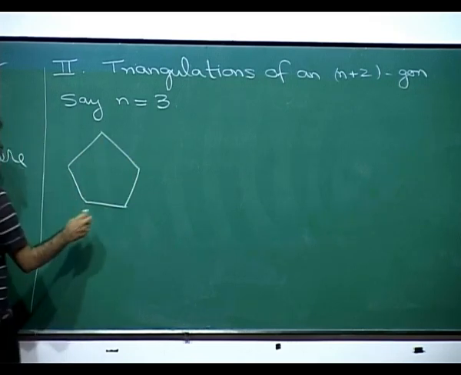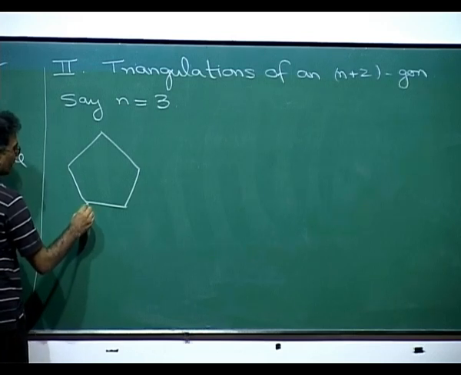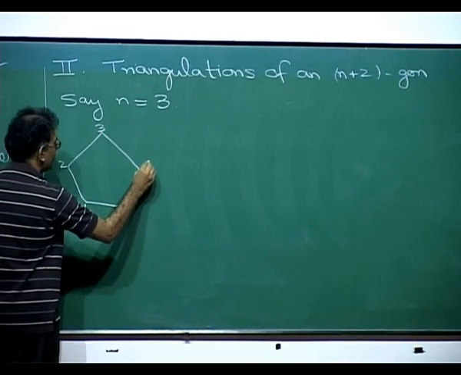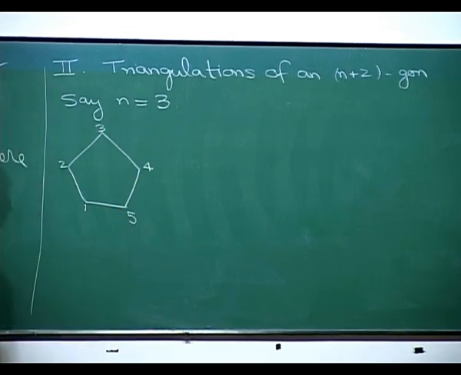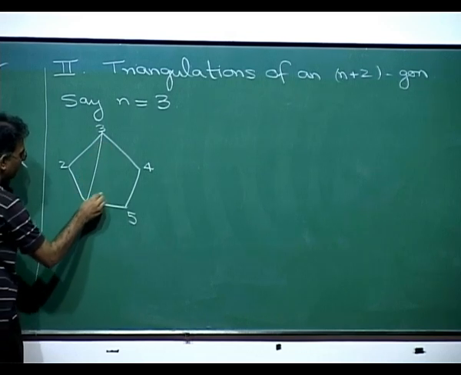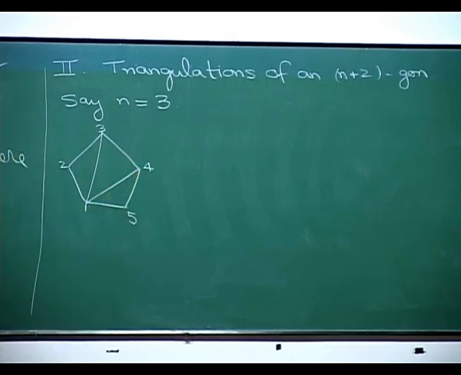Let me begin with this as 1, I label the vertices as 1, 2, 3, 4, 5. In general, 1 up to n plus 2 will label the vertices of that n plus 2 gon, and I want to divide this into triangles. So how can I divide this into triangles? One way I could do is, I could draw this diagonal and I could draw this diagonal. Now we see that the pentagon has got cut up into 3 triangles.